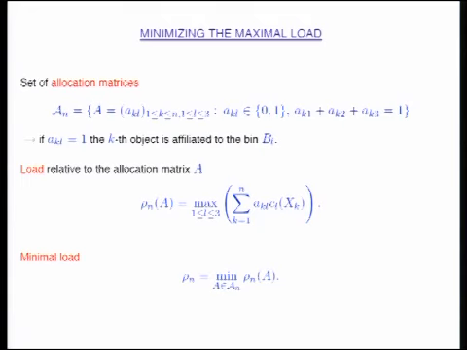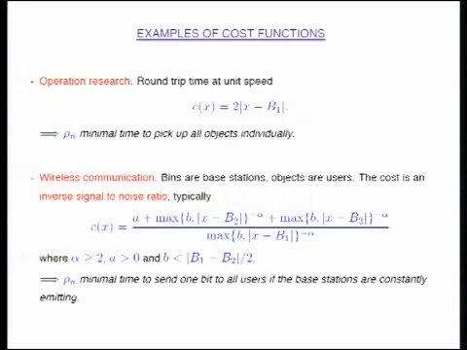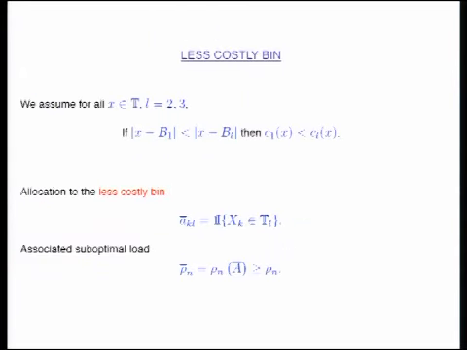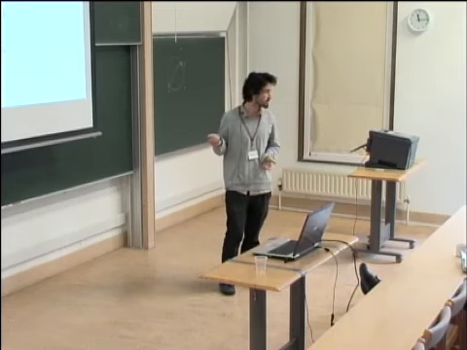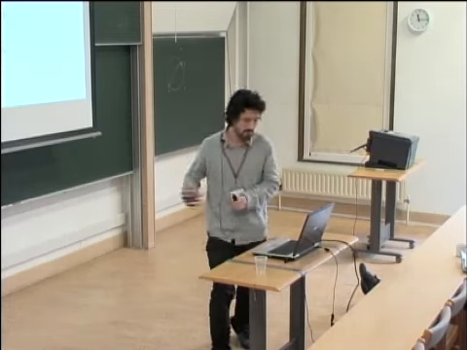And rho bar n is just the allocation where you allocate each point to its least costly bin. So rho bar n is very easy to analyze.